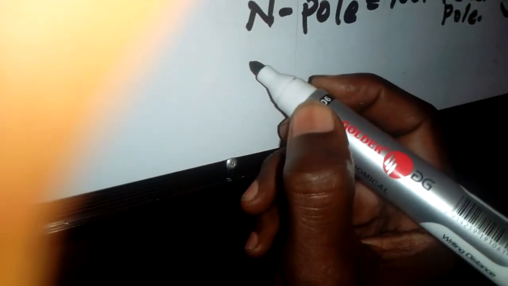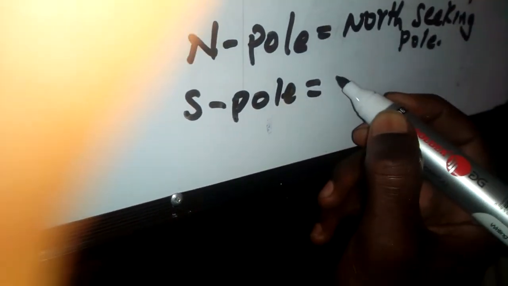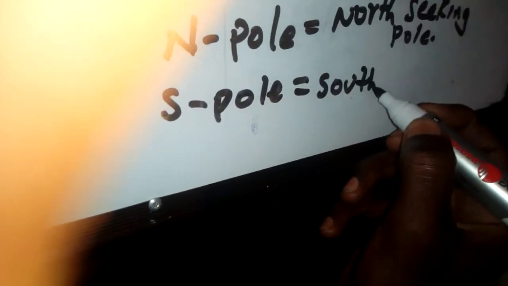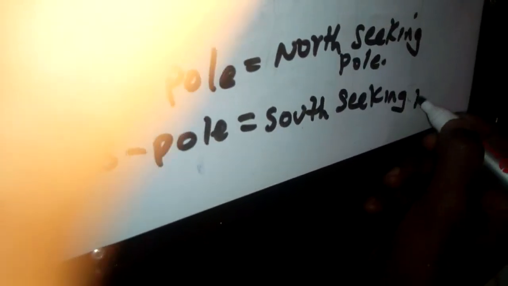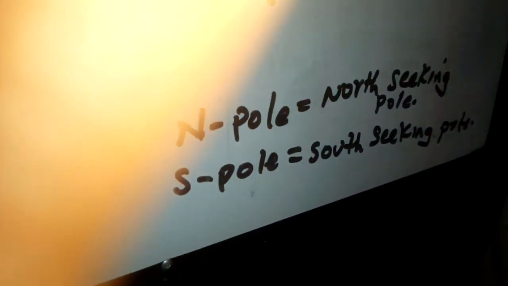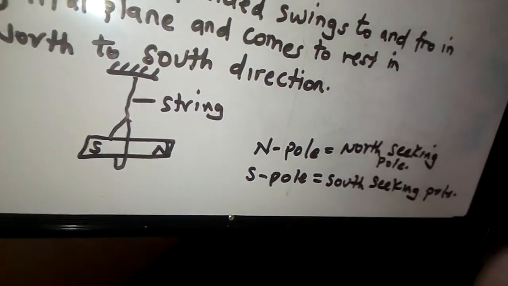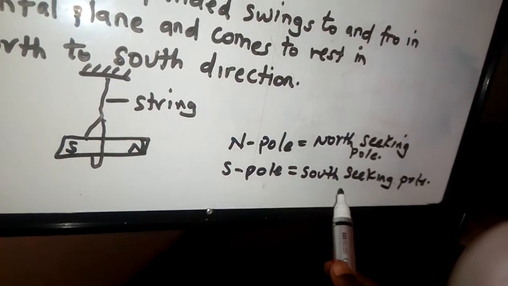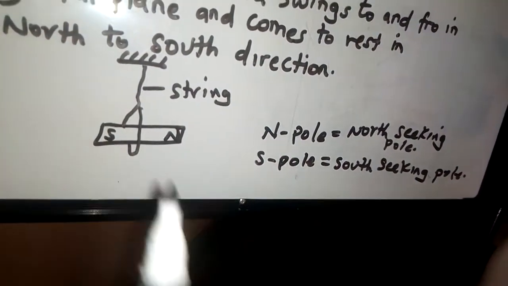Then for the south pole, you can also call it the south pole, or you call it the south seeking pole. Why do you call it the north seeking pole? Because it is the pole which is facing the north. And why do you call it the south seeking pole? Because it's the pole which is facing the south.